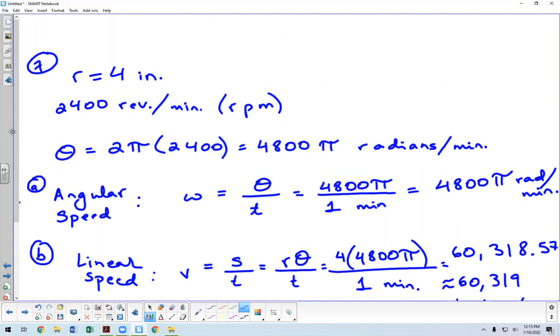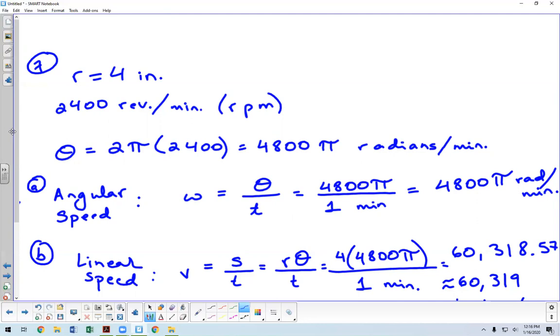Okay, so basically, again, they're telling us your blade is making 2,400 revolutions per minute, right? So when we're talking about a revolution, we're basically saying it's completing 2,400 circles in 1 minute. Now we know each circle has a total of 360 degrees, but we do our calculations in radians, so the 360 is the same thing as 2 pi, right?